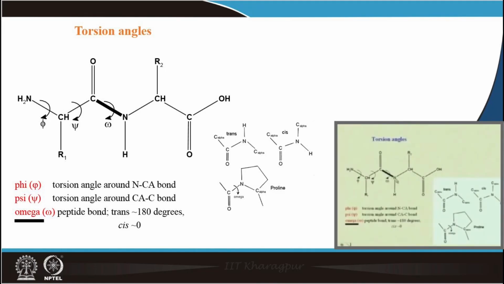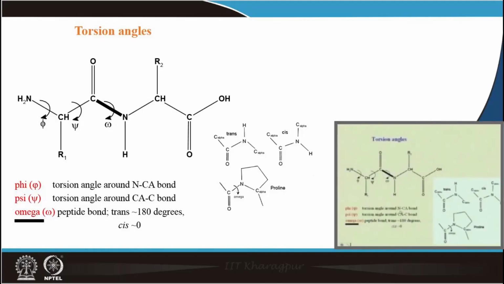A, B, C, D. I have a plane that is going to define A, B, C. What is this plane? It defines C, N, C alpha. What is the next plane? N, C alpha, C. The angle between those two planes is the phi angle.